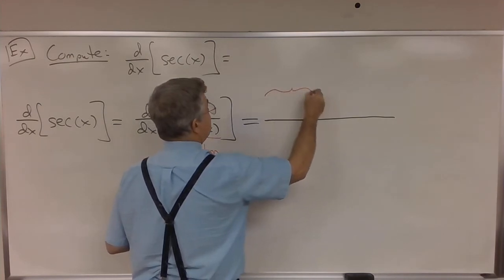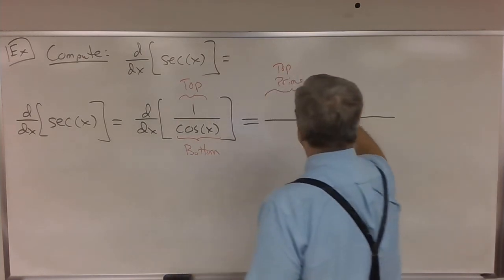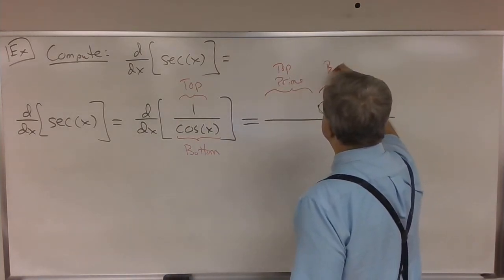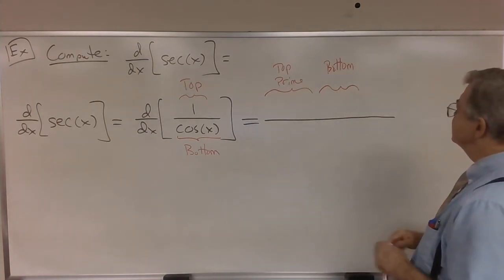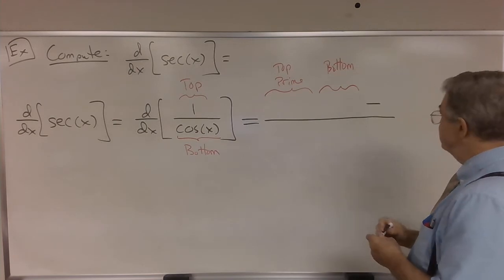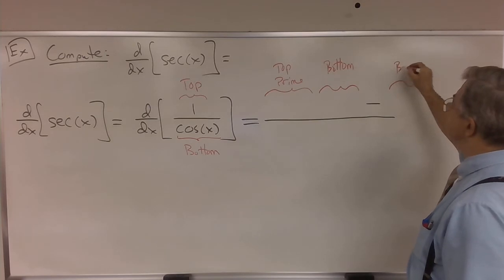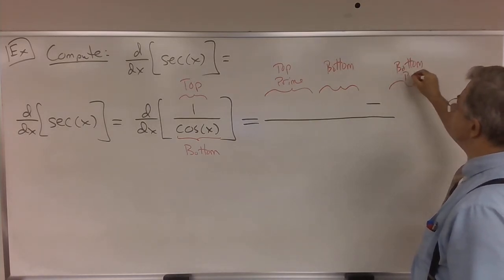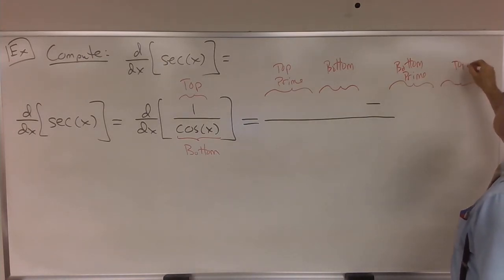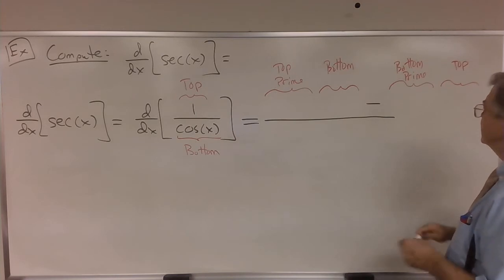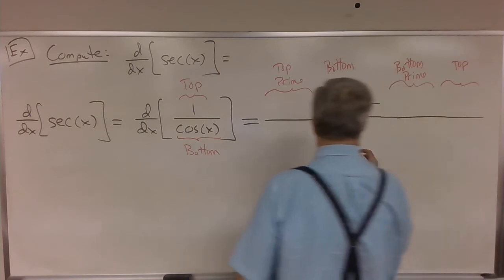And I should get top prime times the bottom and then minus the bottom prime times the top, all over the bottom squared.